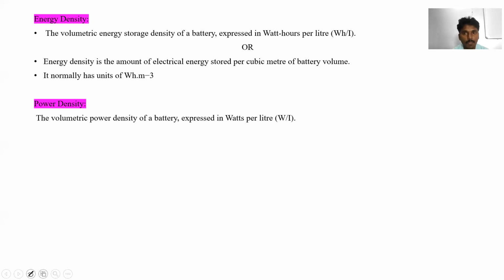Energy density. Energy density is the amount of electrical energy stored per cubic meter of battery volume. In a cubic meter of battery volume, how much energy is stored, that energy can be called the energy density of the battery.